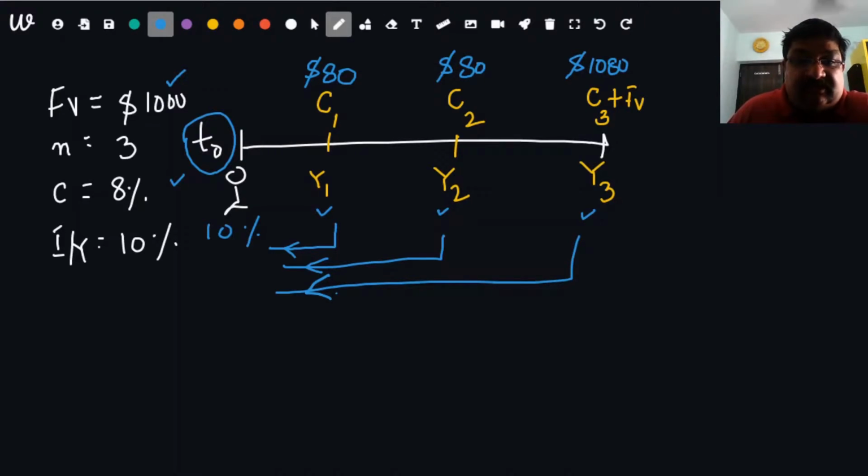What we will do is we will try to find out what is the present value of these 3 cash flows. So the present value of the first year cash flow will be, which is your $80, divided by 1 plus r to the power of n. In this case it will be 1.10 raised to the power of 1.